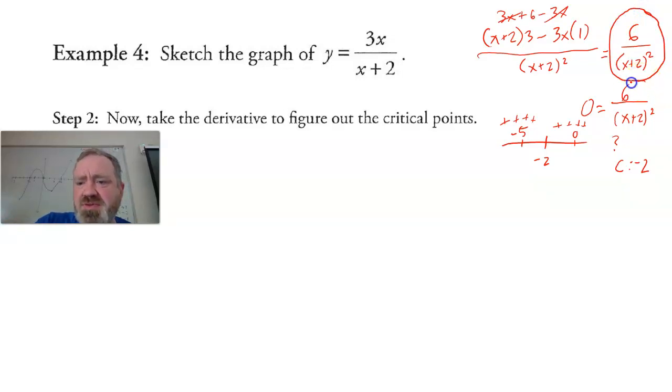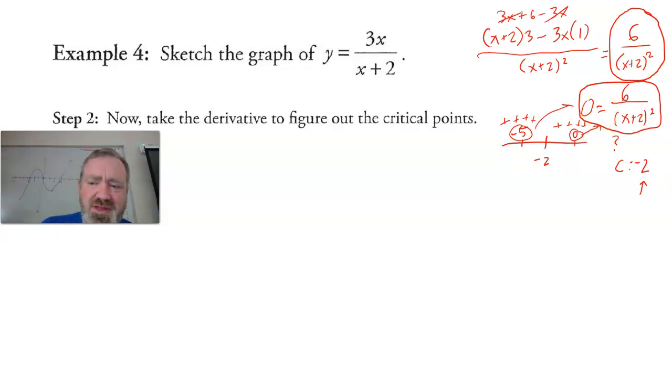And the tough part is when you set this equal to 0, you don't have any critical values. I mean, technically -2 is, but we know that's an asymptote. And so you can test values in the function like -5 and 0. And when you plug those into the first derivative, you find out it's increasing the entire time, which is pretty crazy, right? So maybe the second derivative will tell us something.